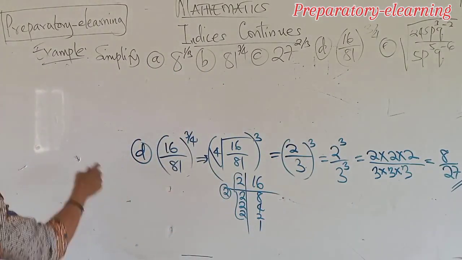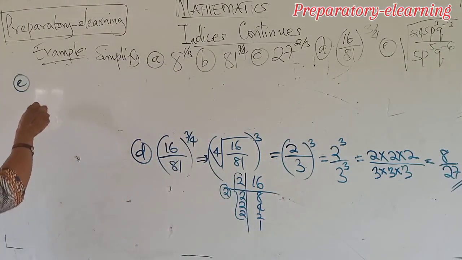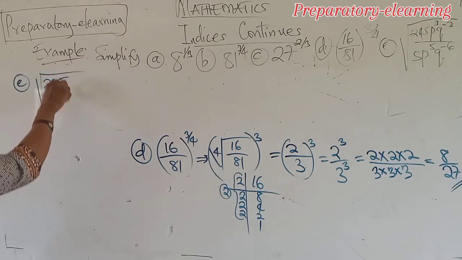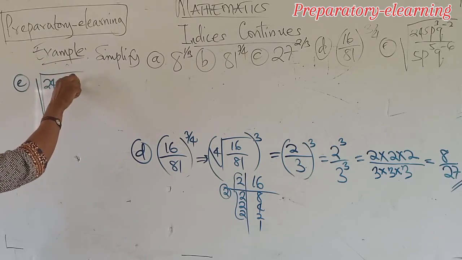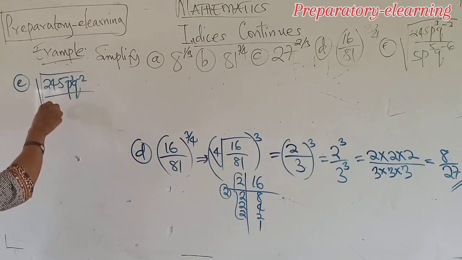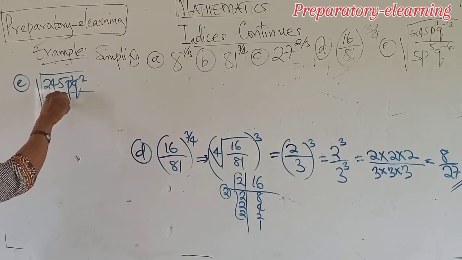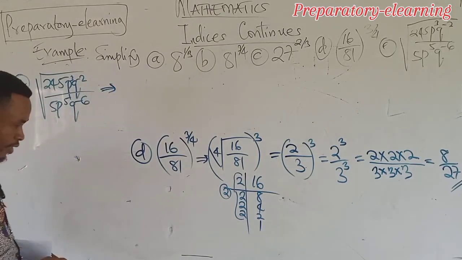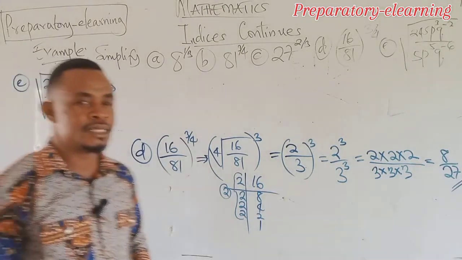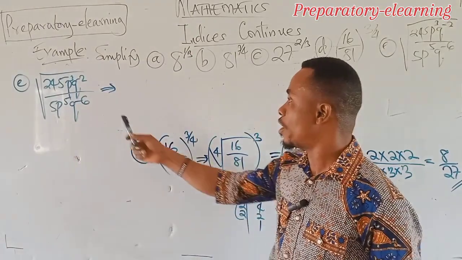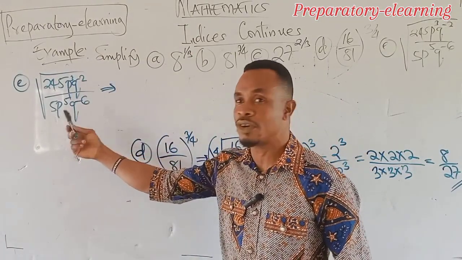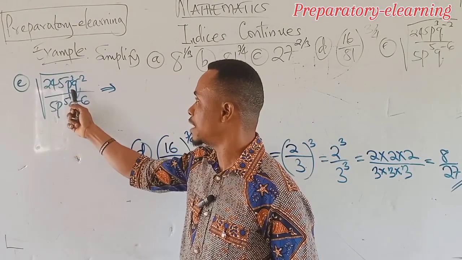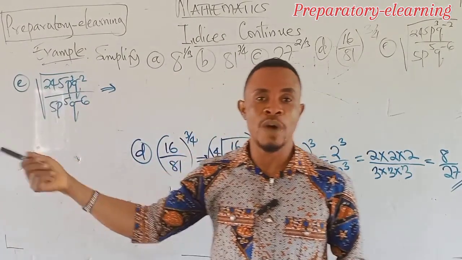All right, the next example is example E, which is the square root of 245 p power 3 q power minus 2, all over 5 p power 5 q power minus 6. How do we solve this? The simplest way of solving this, of course, you know that this square root covering everything is like saying our root power law.